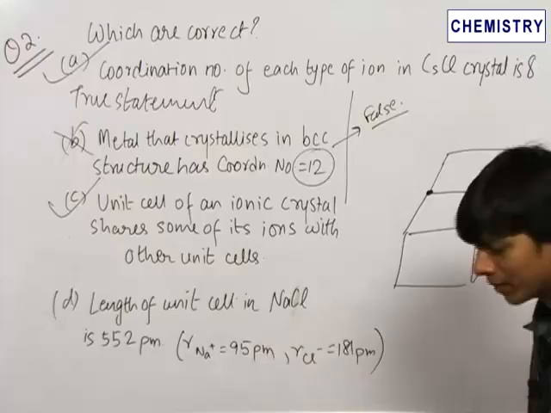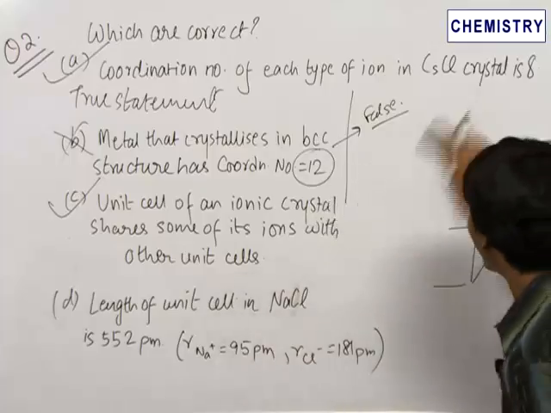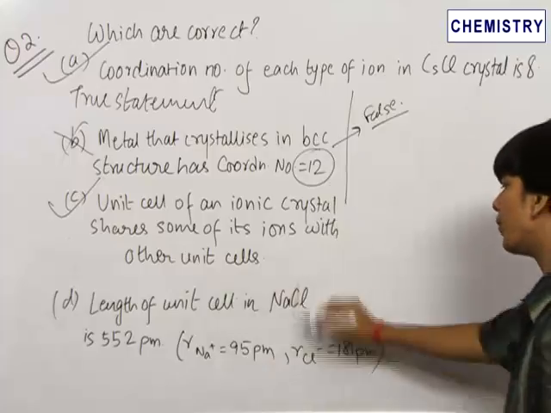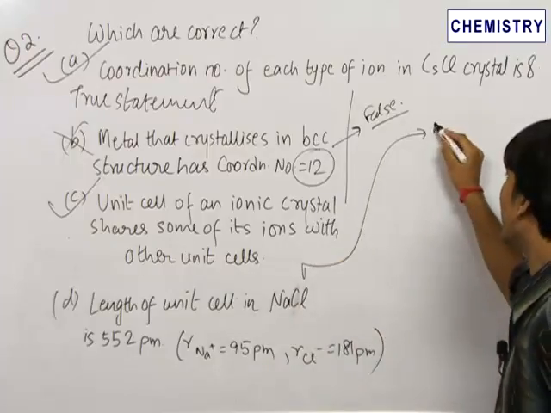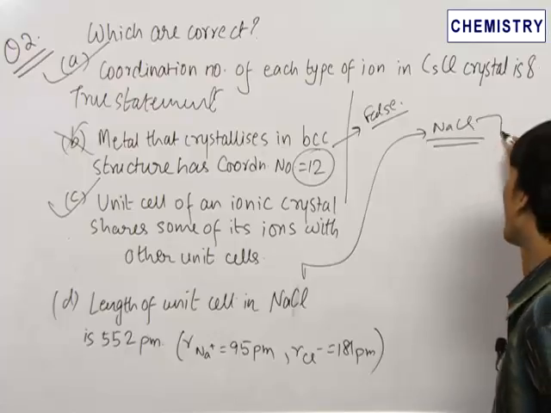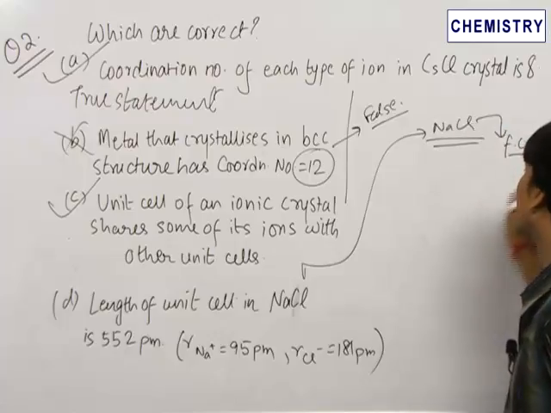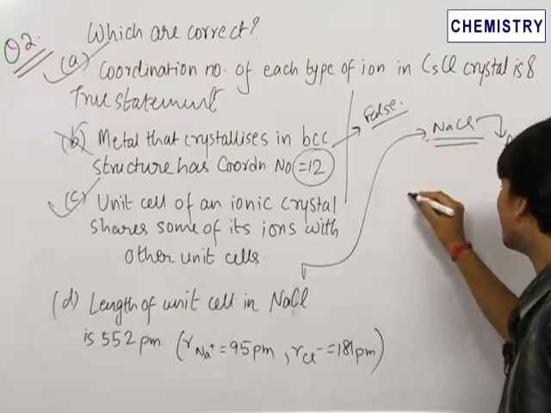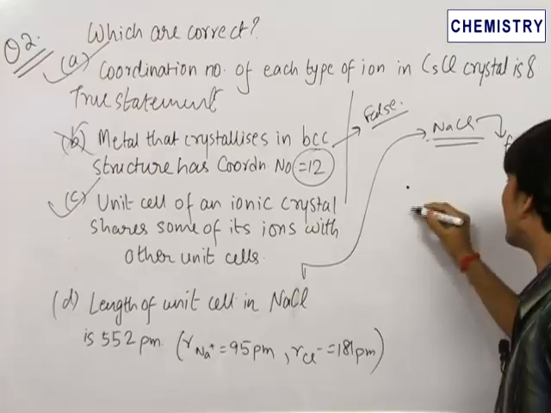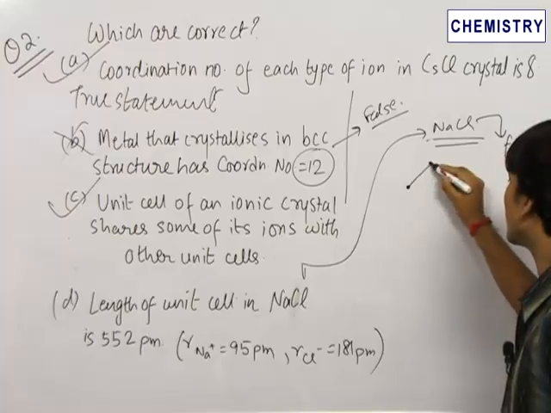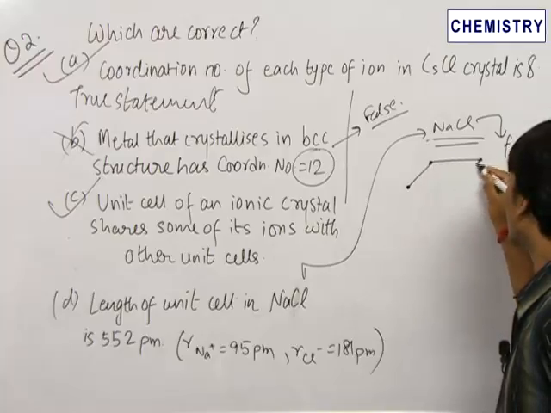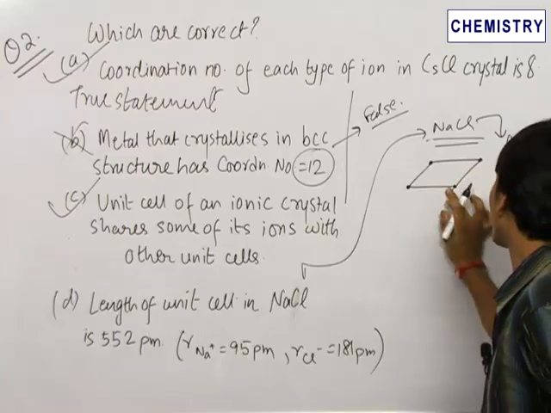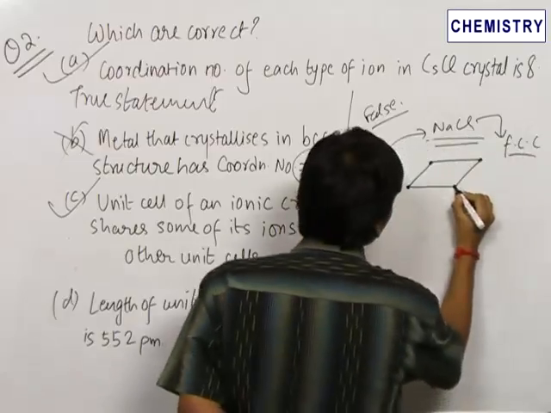Now for the fourth part, it is given that the length of unit cell in NaCl is 552 picometers. So for this again you need to know the structure of NaCl, which you should remember as face centered cubic. Now in this FCC of NaCl, the Cl minus ions are located at the face centers and the corners. Let me draw it. These are the Cl minus ions.